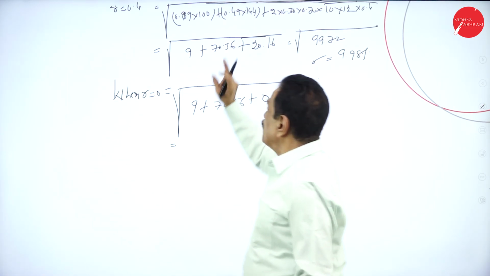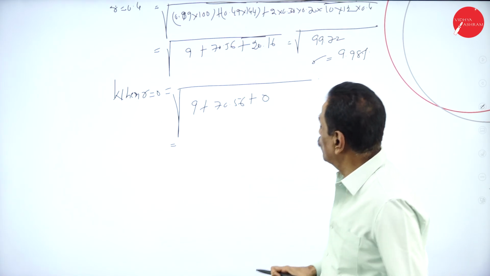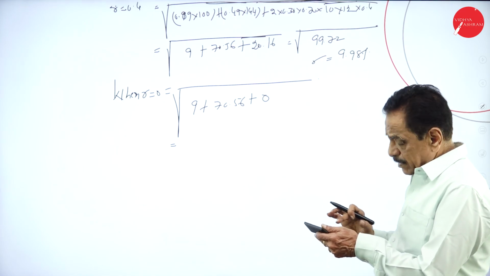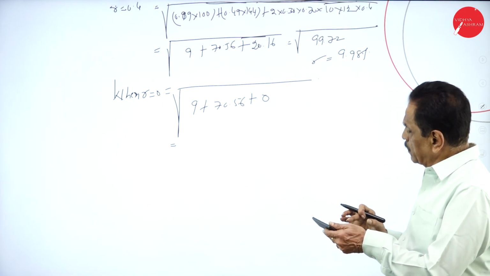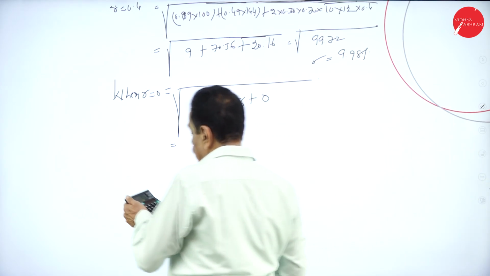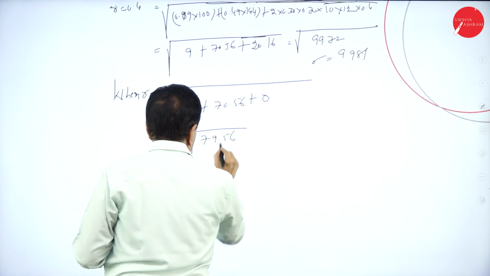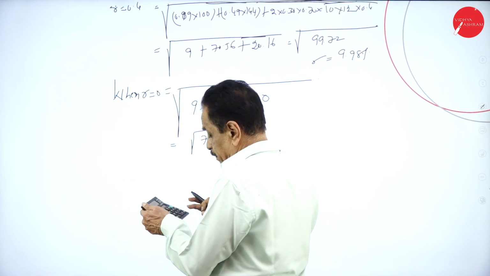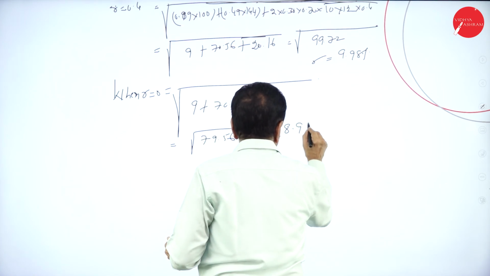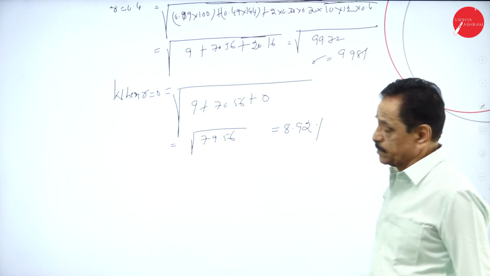Add, same answer, that's why I took the direct answer. So 9 plus 70.56, 79.56, root of this is 8.92 percent when R is equal to 0.